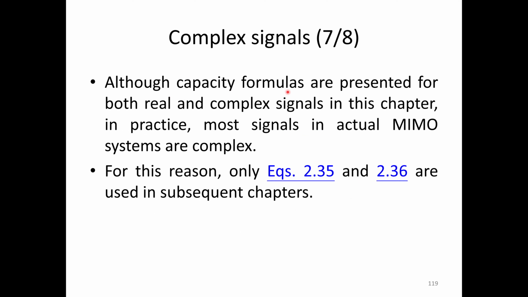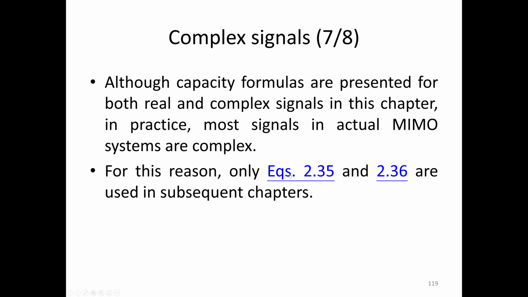Although capacity formulas are presented for both real and complex signals in this chapter, in practice, most signals in actual MIMO systems are complex. Why? Because we have explained that using the complex number to represent a signal can double the capacity. For this reason, only equations 2.35 and 2.36 are used in subsequent chapters.